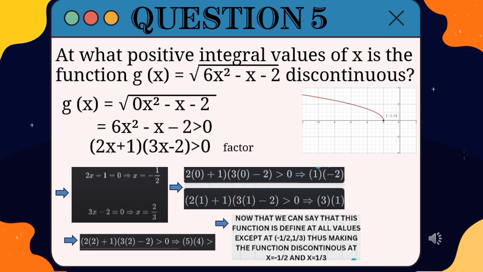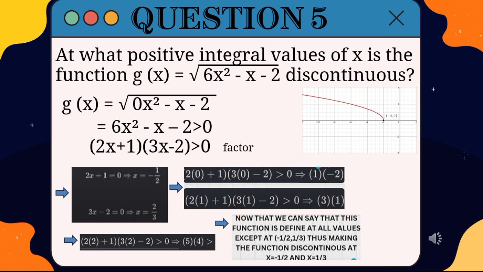After evaluating it, 0 times 2 is 0, plus 1 is 1, 0 times 3 is 0, and the only thing we got here is negative 2. So 1 times negative 2 is negative 2, which means negative 2 is less than 0. So that is true. Next, 1 times 2 plus 1 is 3. 1 times 3 minus 2 is 1. So 3 times 1 is positive 3, which is greater than 0.